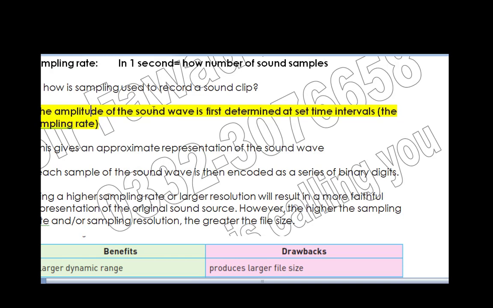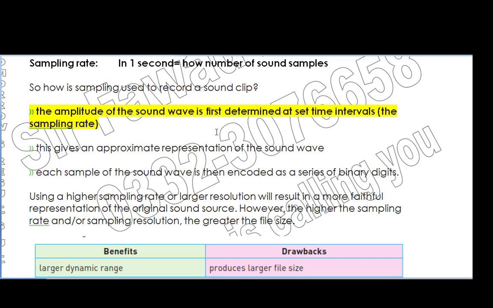The amplitude of the sound wave is first determined at a set time interval. It means that the amplitude of the sound wave must be measured or monitored at a set time interval, meaning the sampling rate. The time interval they are referring to is the sampling rate.